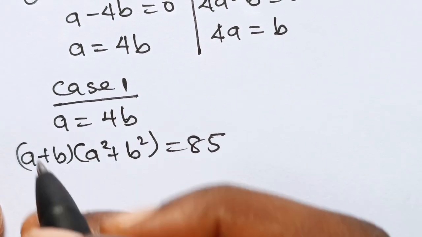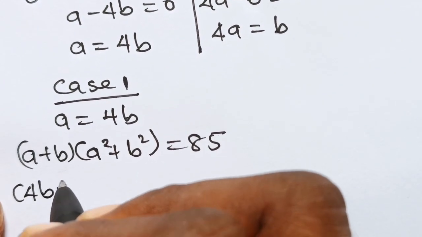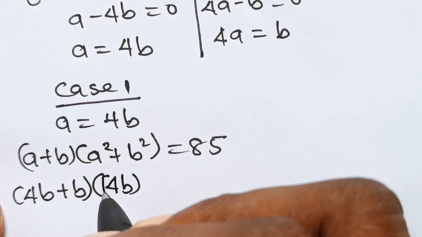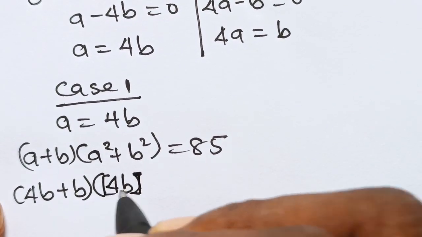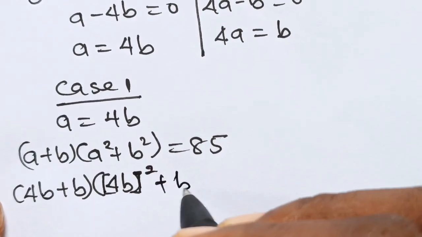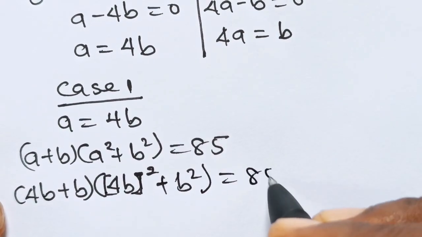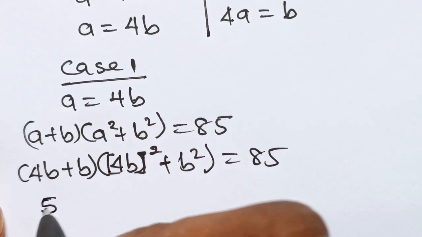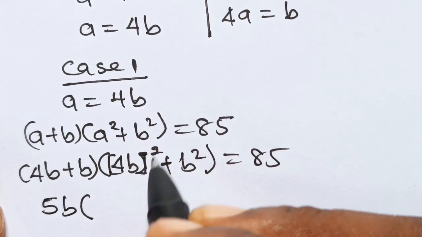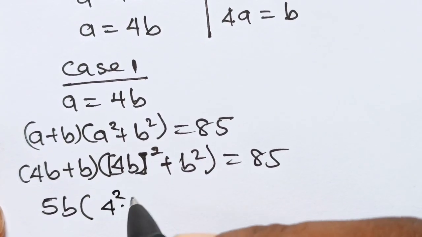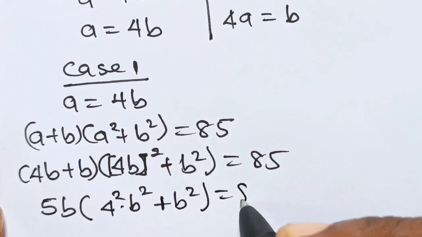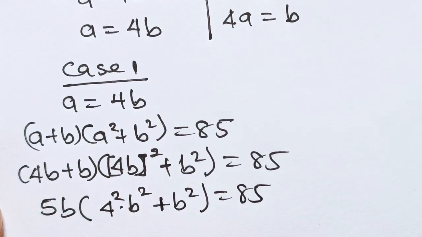So a is 4b, so we write (4b + b)((4b)² + b²) is equal to 85. 4b plus b is 5b. (4b)² means 4² multiplied by b², plus b² is equal to 85.